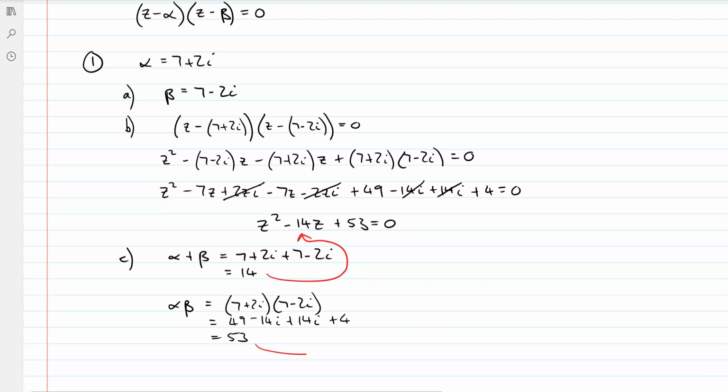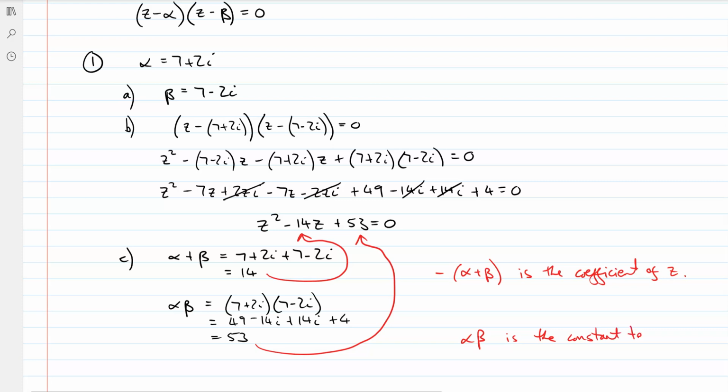This relates to this, but it's negative, and this relates to this. So minus the sum of the roots is the coefficient of z, that's what we can take from that. And the product of the roots, 53, this is the constant term.